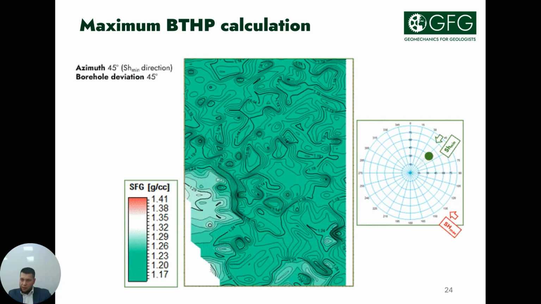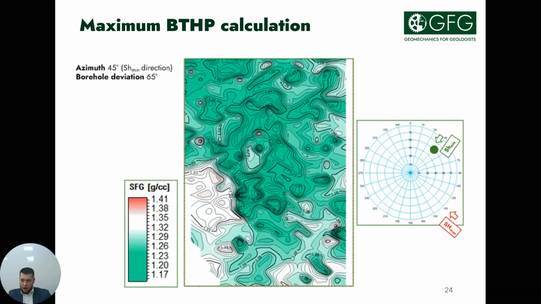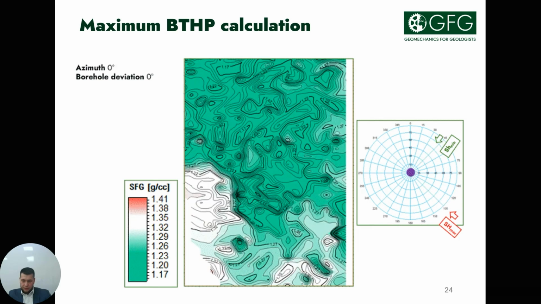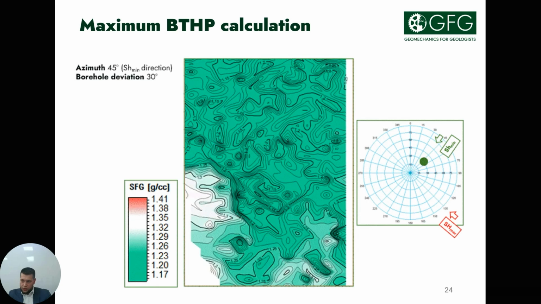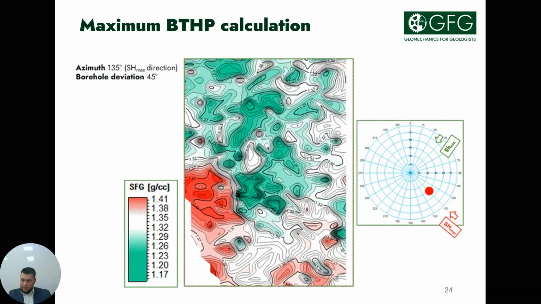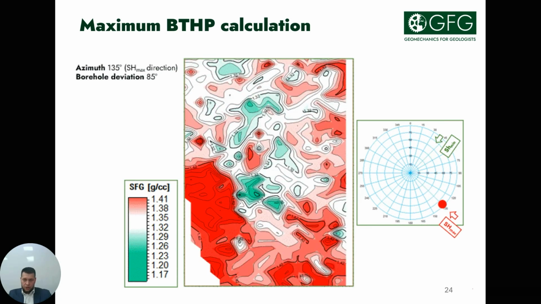As we can see here, as the deviation increases, the breakout pressure increases. This means that in wells with a large deviation from the vertical in a given stress state, the probability of sand production will be higher than in vertical wells.